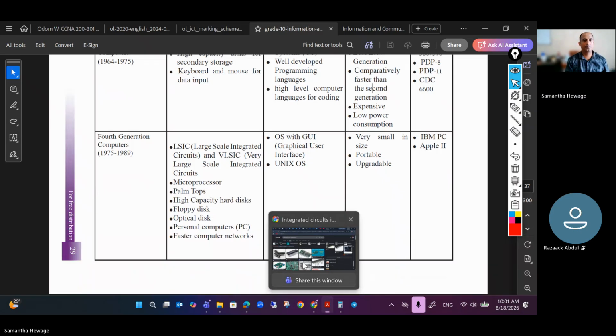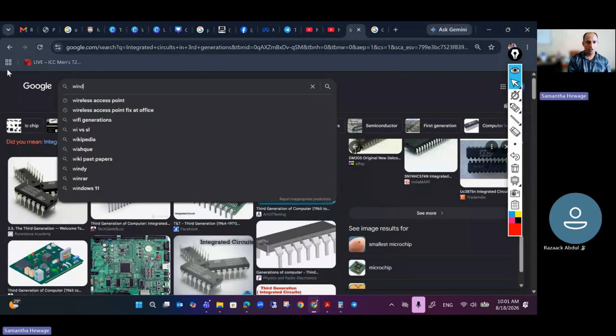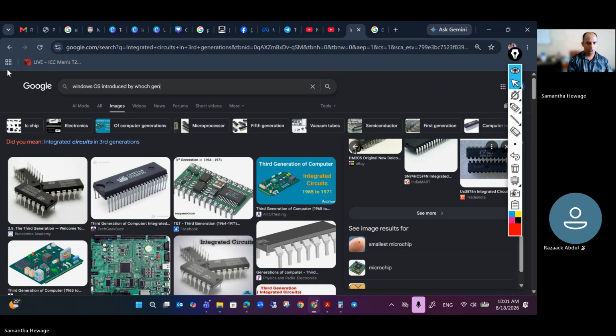So let's see like this. Windows OS introduced by which generation?